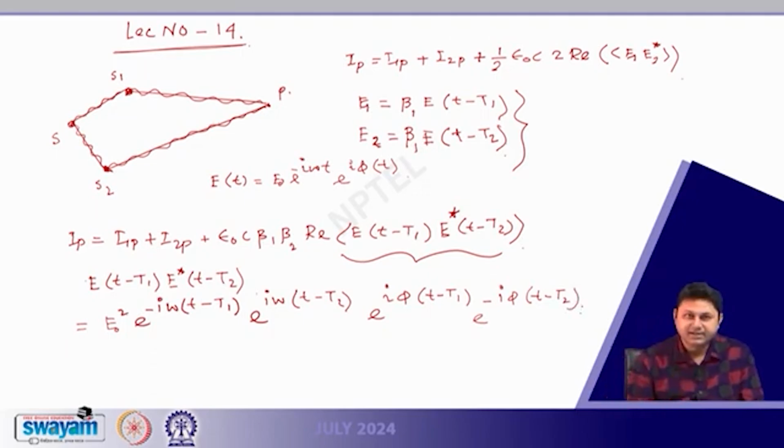This is the way we can write this quantity E(t minus T1) times E star(t minus T2).